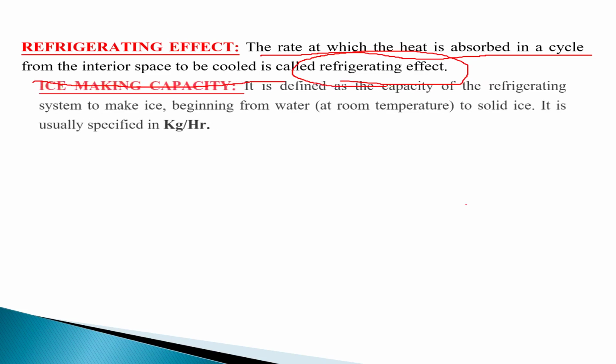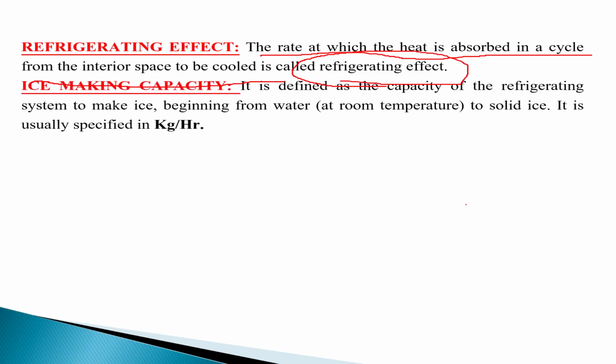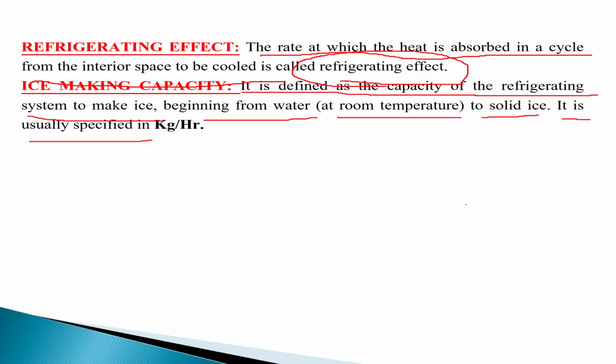Now we'll see one of the important terms, ice making capacity. It is defined as the capacity of the refrigerating system to make ice, beginning from water at room temperature to solid ice. It is usually specified in kg per hour.